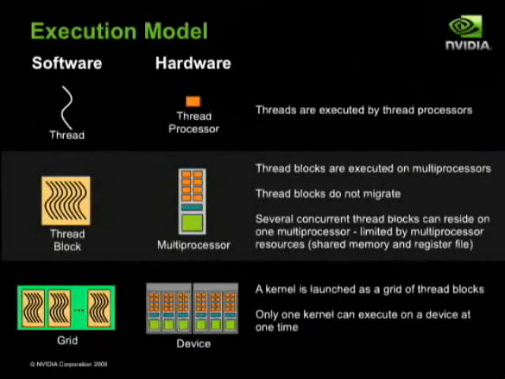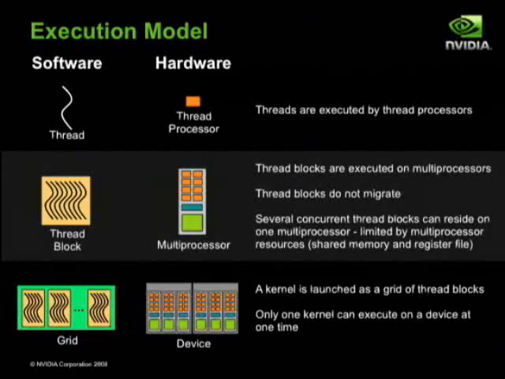The execution model for CUDA, starting at the smallest scale, is that threads are executed by thread processors. Thread blocks are executed on multiprocessors. Each thread block, once assigned to a multiprocessor, does not migrate. Several blocks can reside concurrently on a multiprocessor, which is desirable from an efficiency standpoint as thread switching is used to hide memory latencies.